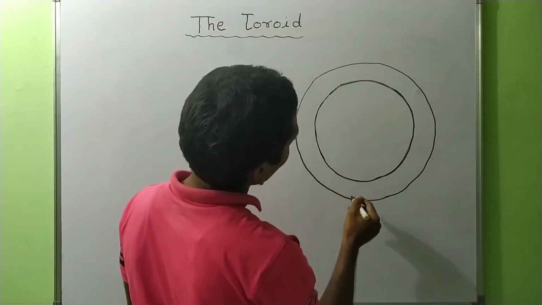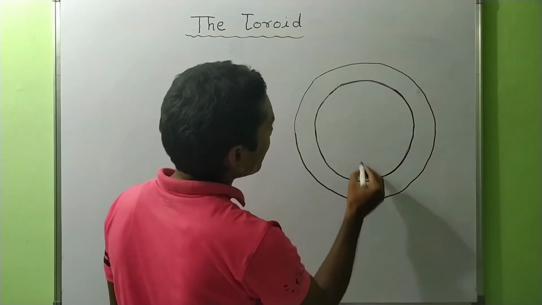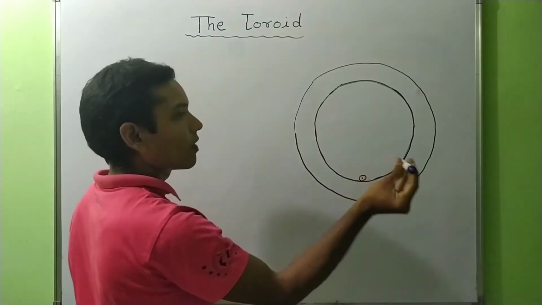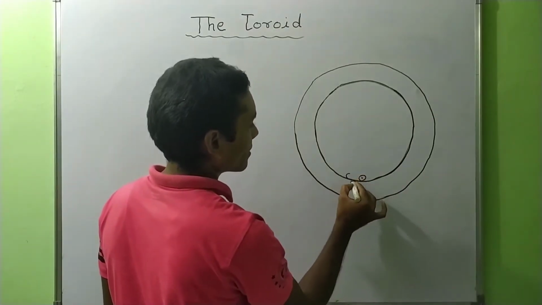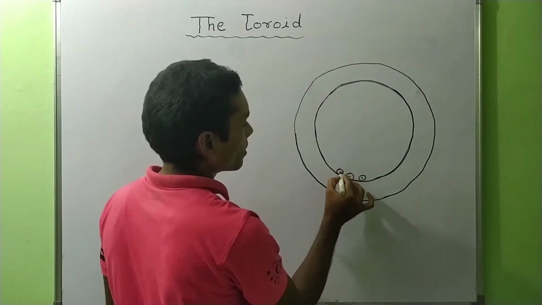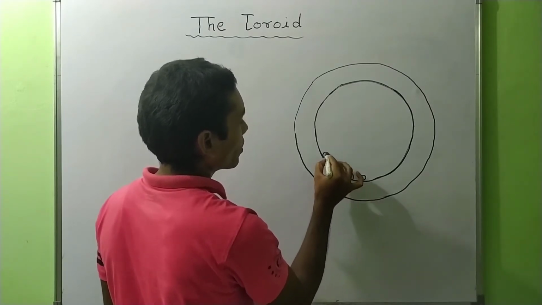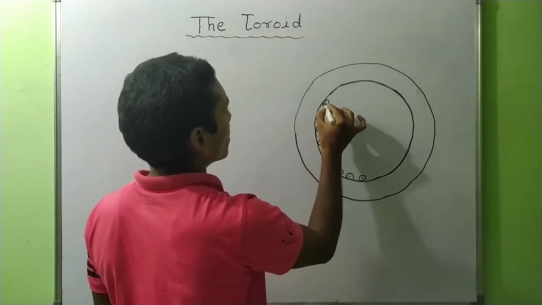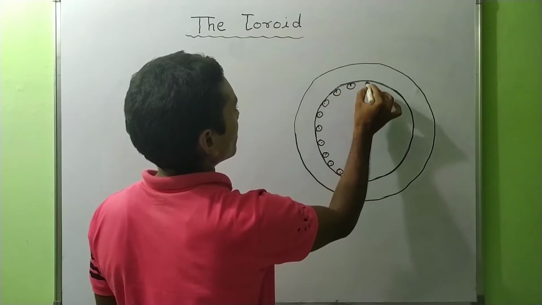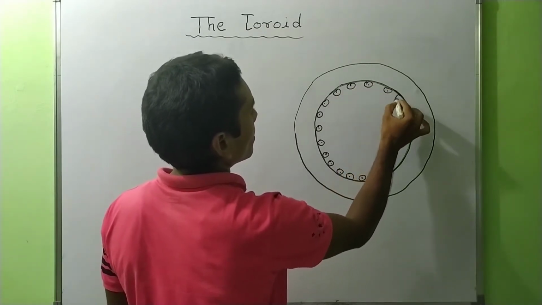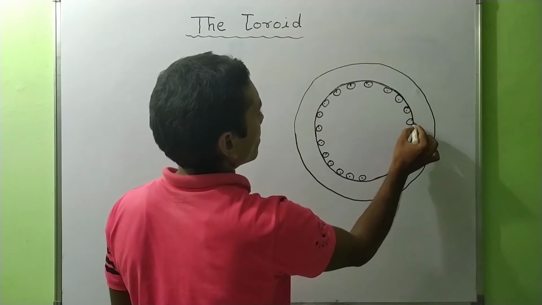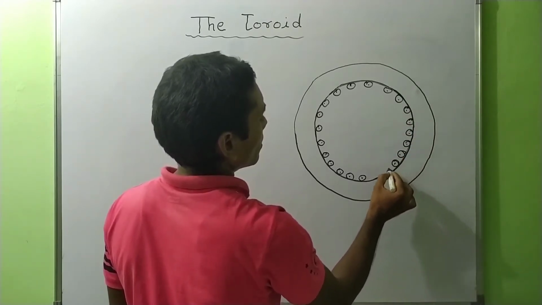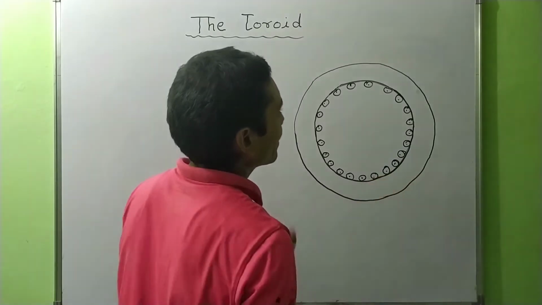The direction of current in the interior edge of this toroid is outward, denoted by a dot sign like that.